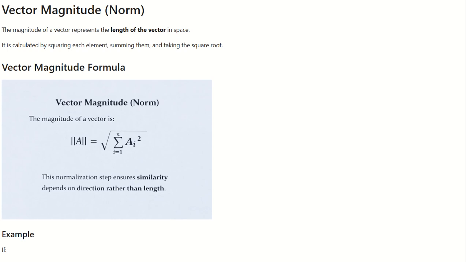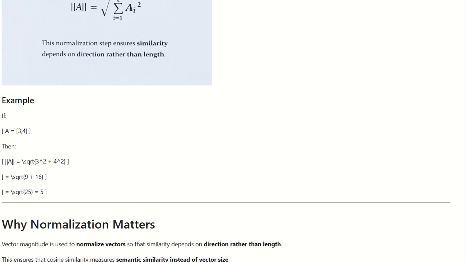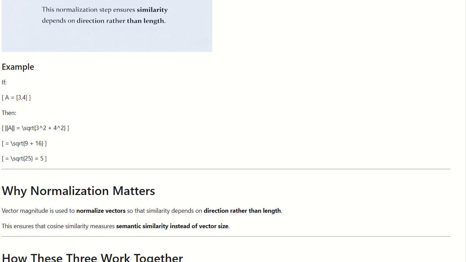This normalization step ensures the similarity depends on the direction rather than the length. For example, take a equals 3 comma 4, then mod a equals the square root of 3 squared plus 4 squared, which is 9 plus 16, which is 25. The root of 25 is 5. So this is the example.